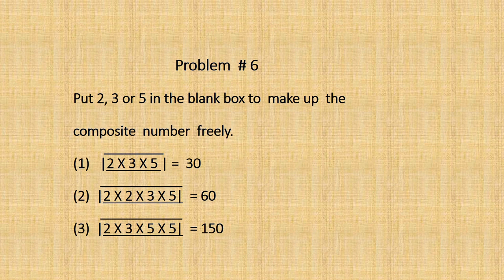In this way, we are finding the answer to number 3 also. 2 multiplied by 3 multiplied by 5 multiplied by 5, then the answer will be 150. In this math, actually we are learning that by multiplying prime numbers we can make a composite number. This is the main thing.